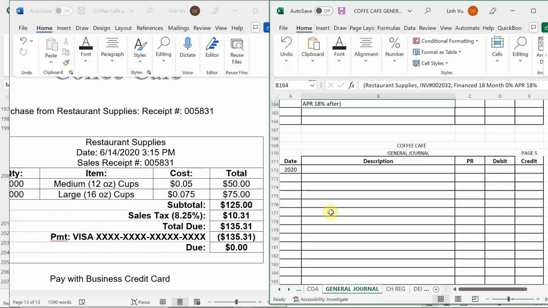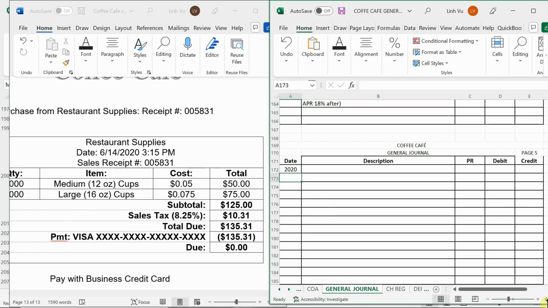Okay, and we are on page 5. Okay, what did I buy?